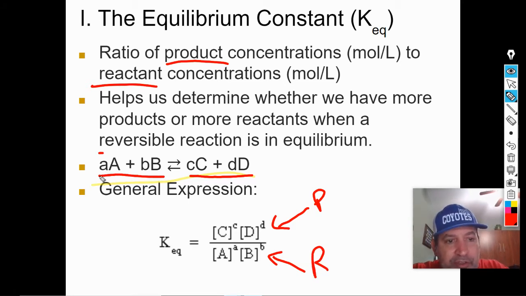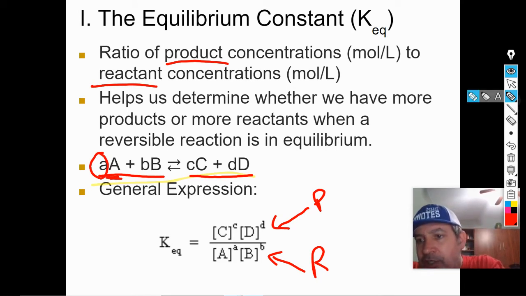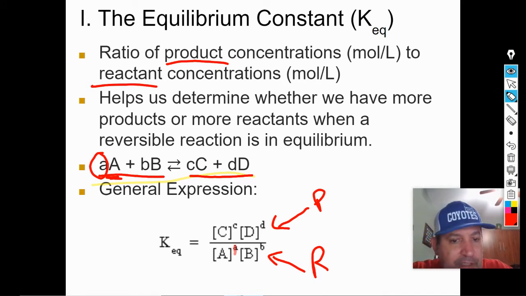And you notice that the little a for whatever substance A represents is shown on here as an exponent. Okay, and that's literally what we do in this case. For B, again, that little b is shown there as an exponent. For C, the coefficient there is shown as an exponent, and the coefficient for D is shown as an exponent. So that's what we do, and we plug those in.